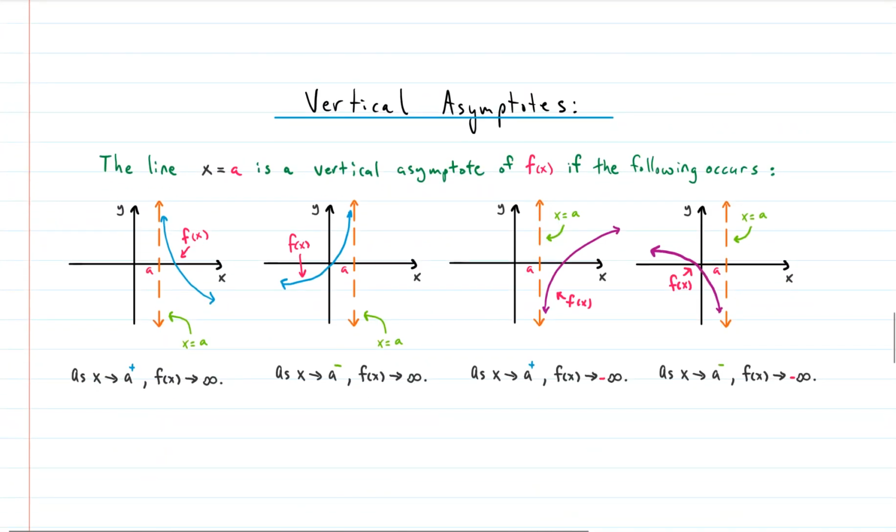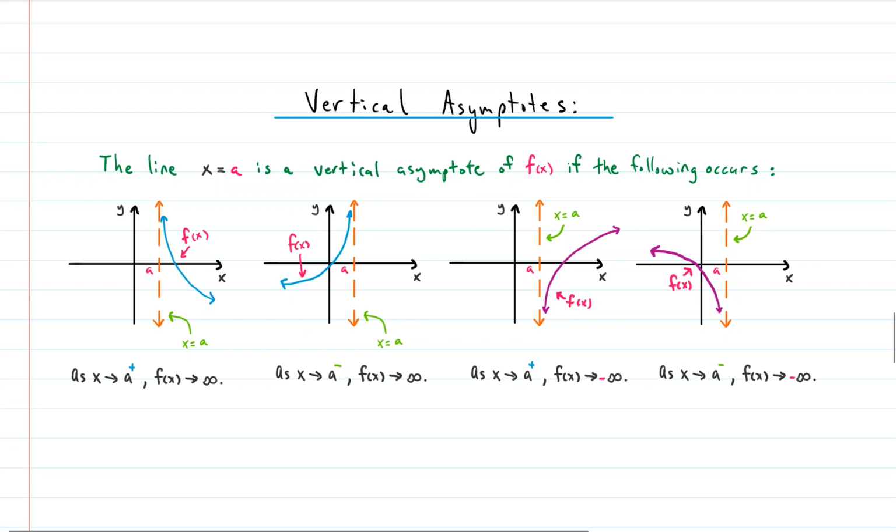Here's our definition of a vertical asymptote. So a line, a vertical line, x equals A, is a vertical asymptote if the following scenarios happen. As x approaches A from the right, the function gets closer and closer to infinity, or goes to infinity, or goes big and never stops.